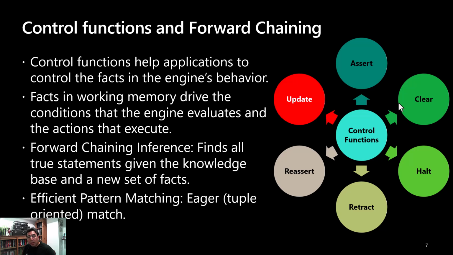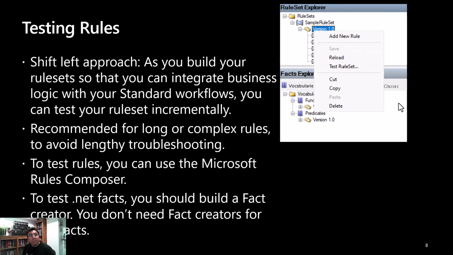Now, let's say that you want to test your rule. If you want to test your rule, you use the Microsoft Rules Composer. This follows a shift-left approach because as you build your rule set so that you can integrate your business logic with your standard workflows, you can test your rule set incrementally. We recommend this for long and complex rules.